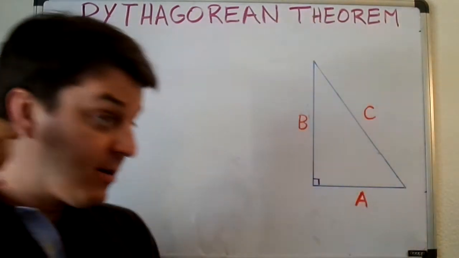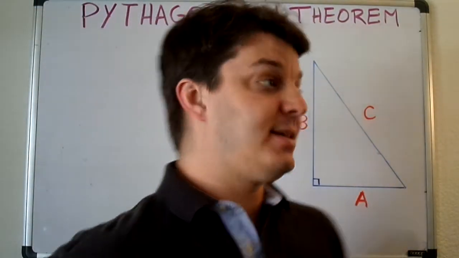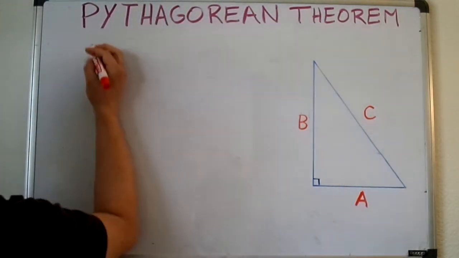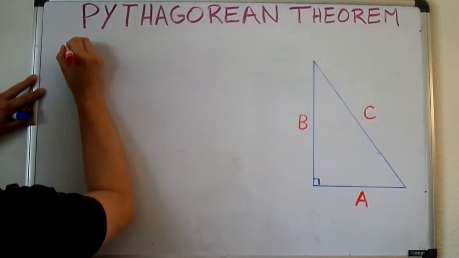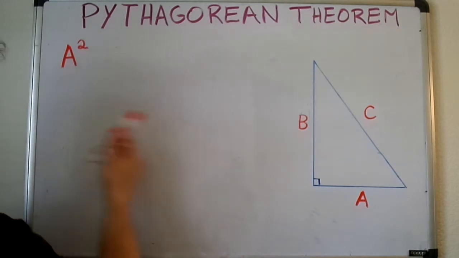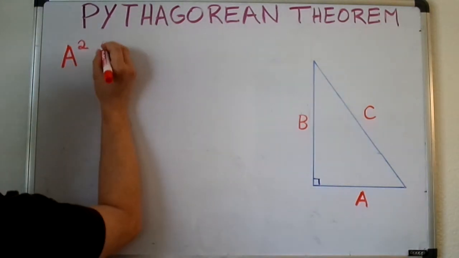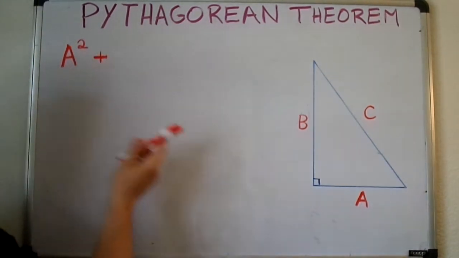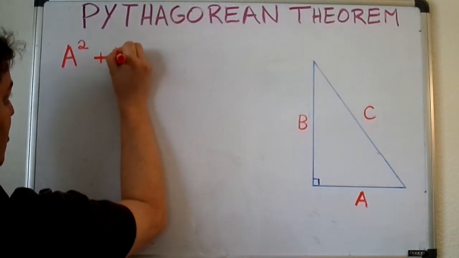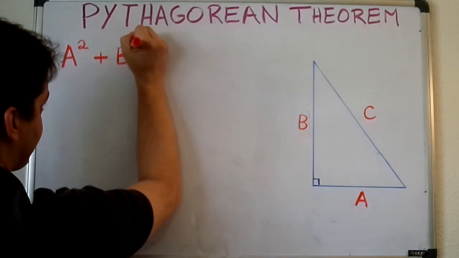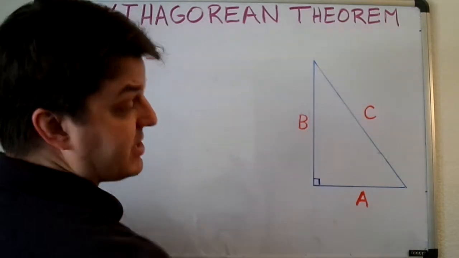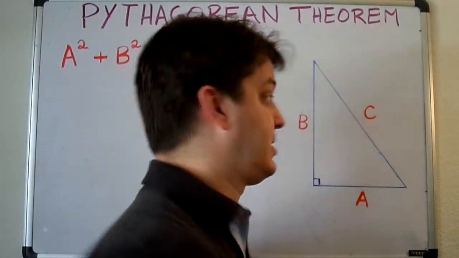Now, the Pythagorean Theorem simply says that if you square one side, so A squared, another way of saying that is A times A, and then you add this side squared, so B squared, or B times B, that it equals this side, which in this case is the hypotenuse.